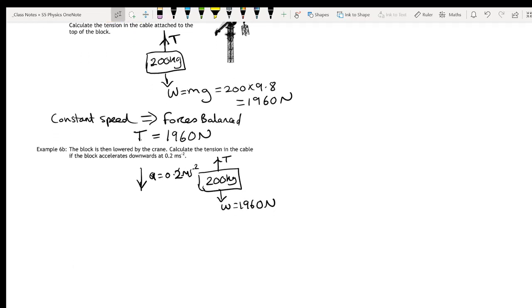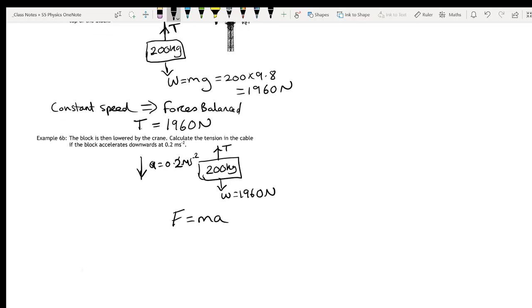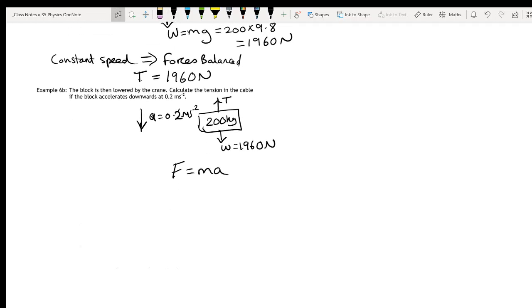Okay, so if we're going downwards, we probably want to take the downwards arrows to be positive and the upwards arrows to be negative. So we've got F equals ma, our unbalanced force. So our unbalanced force in this case, well, if it's going downwards, the downwards force will be bigger. So it's going to be 1,960 take away the tension, equals 200 times 0.2.